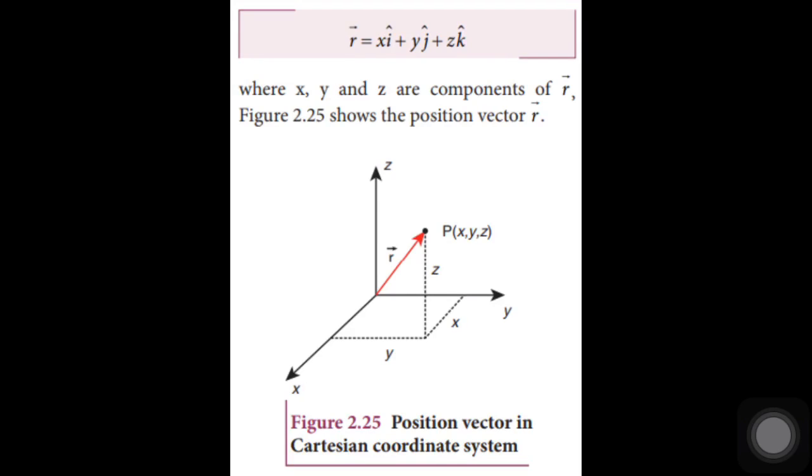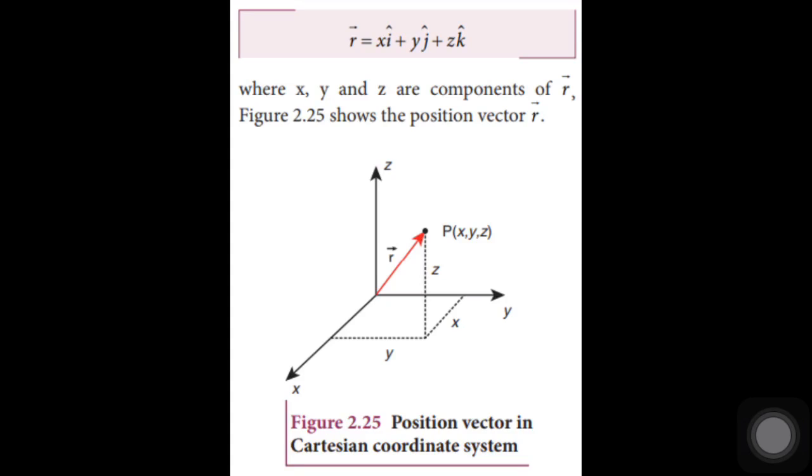It is represented in the figure by vector small r. This vector small r is known as the position vector of the point P. Let the point be x, y, z. That means its x coordinate is x, y coordinate is y and z coordinate is z.